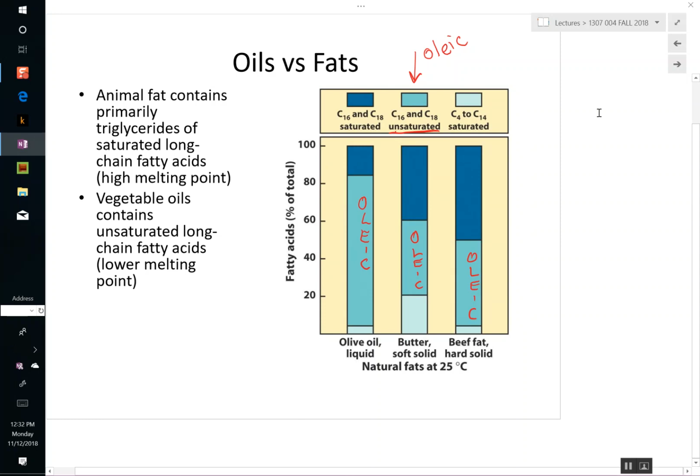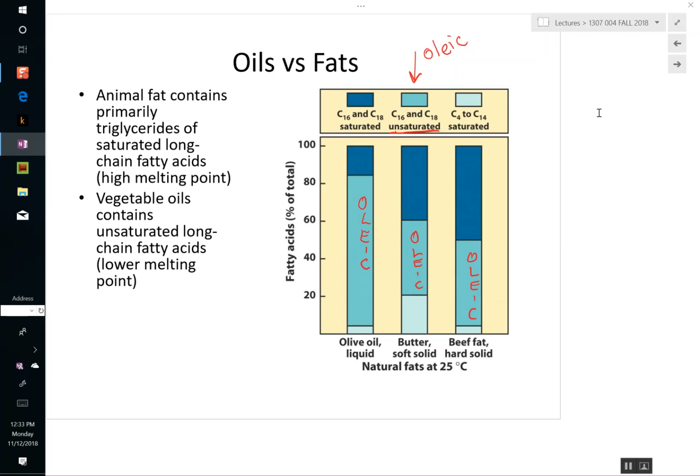All right, so we got this far, and we mentioned that triglycerides are mixed triglycerides, meaning that although they have 3 fatty acids on them, usually naturally found triglycerides have 3 different fatty acids. And you can see that right here with olive oil. There's going to be some oleic acid, some stearic acid, some other fatty acid on the triglyceride.